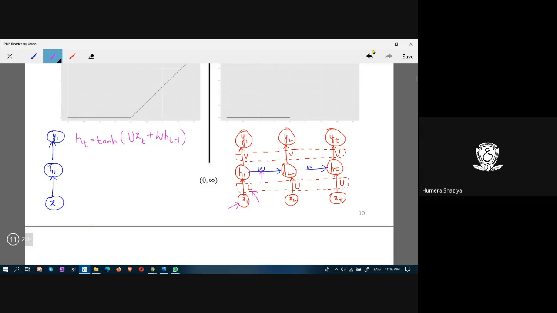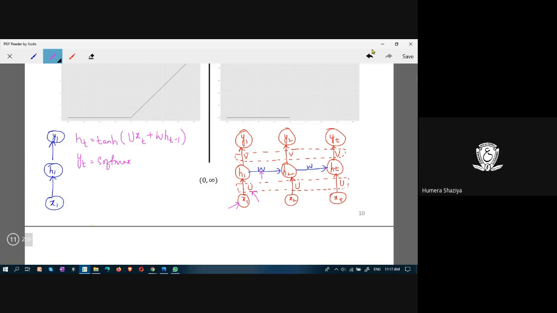And at this unit, Ht minus 1 equals tanh of U Xt minus 1 plus W Ht minus 2. It is this way.